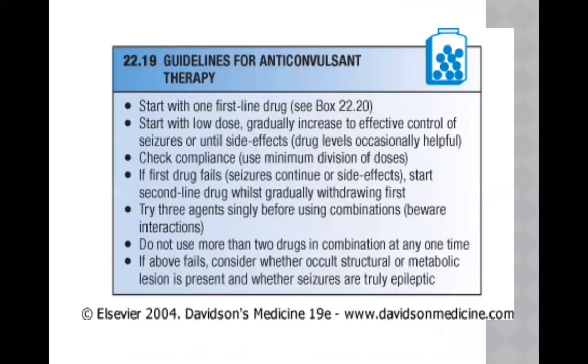Now, though we already talked about this, let's repeat again. What are the guidelines for anticonvulsant therapy? These guidelines will really help us in the management of the patient. You start with one first line drug which you have just seen. Okay, you start with one first line drug in the beginning after you have decided to use the medicine.